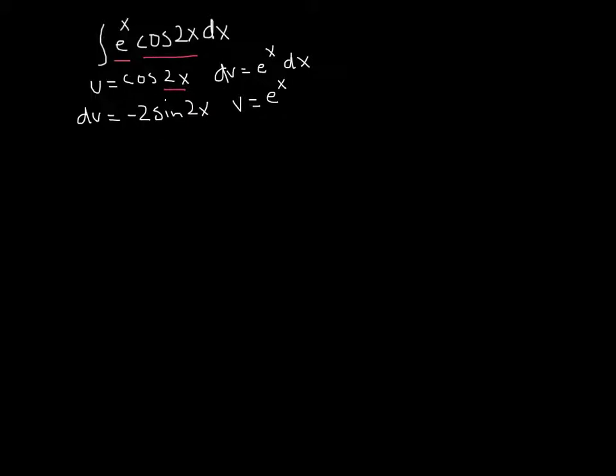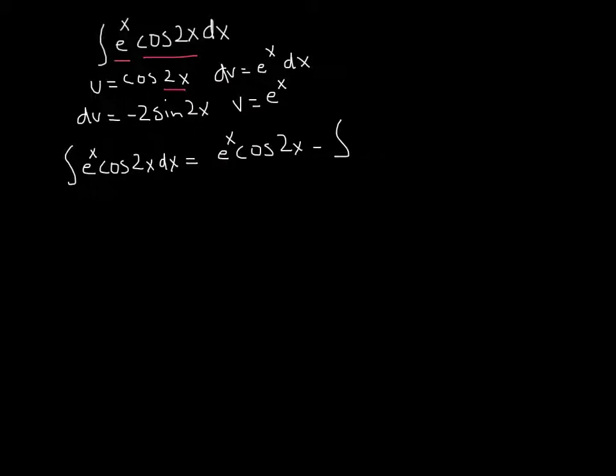So if we go through the process, we're going to say, and I'm going to put this here, you'll see why in just a moment, the integral of e to the x cosine of 2x dx is equal to uv minus the integral of v du. So uv, so that's going to be e to the x cosine of 2x minus the integral of v du.